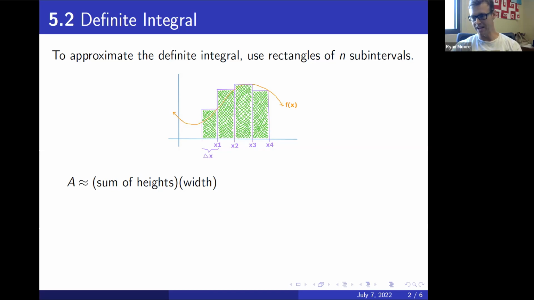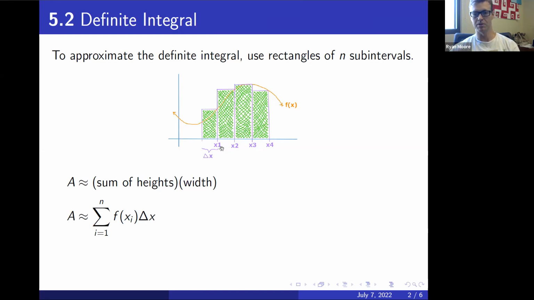We can represent that with sigma notation, like so. Probably the easier thing to point out is the delta x. The delta x is the width of each rectangle. The summation here is the sum of all the heights, so we'll call it the summation from i equals 1 to n of f of x sub i. What does that mean?